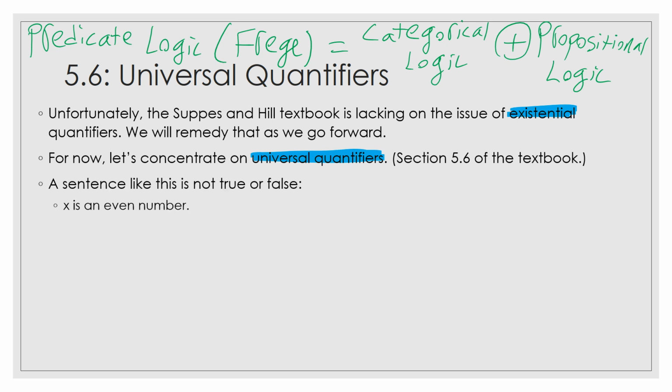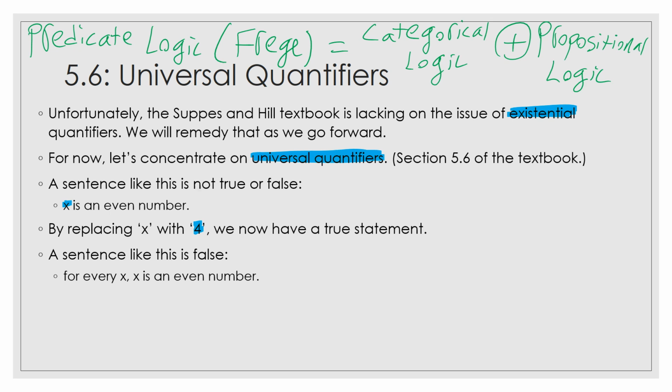Now, here's an example that comes from the textbook, or at least a version of this comes from the textbook. Think about the sentence we have, x is an even number. Now, a sentence like this is not true or false. But by replacing x with 4, we now have a true statement, because 4 indeed is an even number.